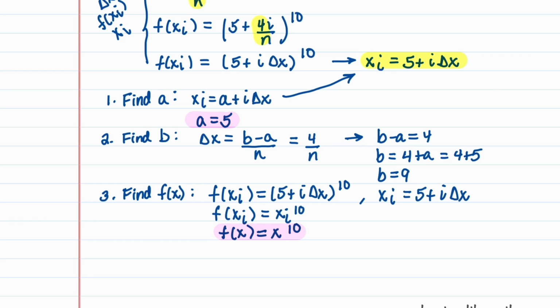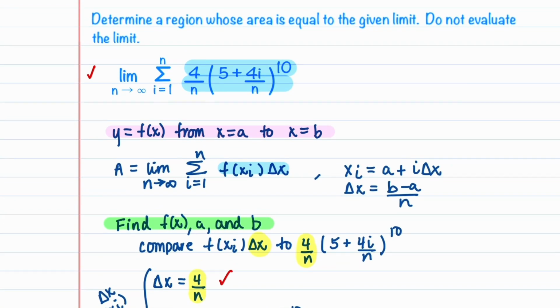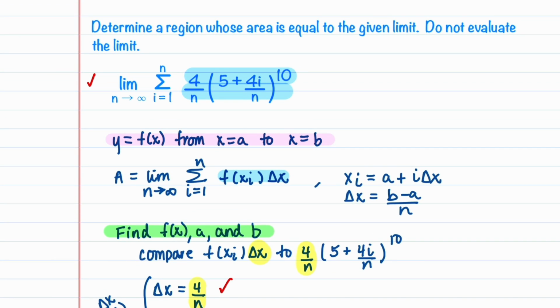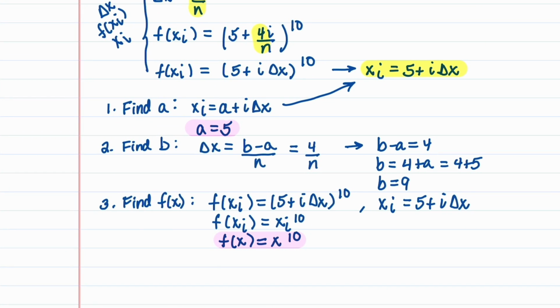Now we can write down our answer. Let's go back up and see what we need to find. We want to find the region whose area is equal to this limit. So our answer has to describe this region.